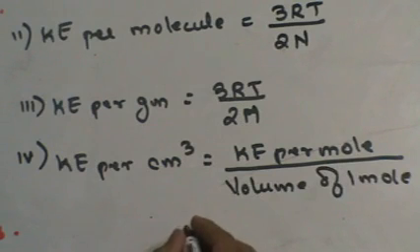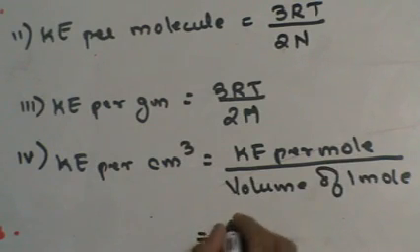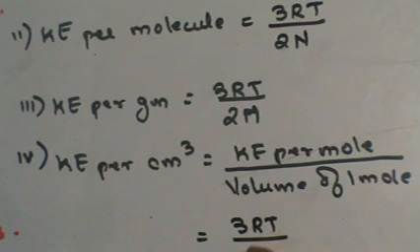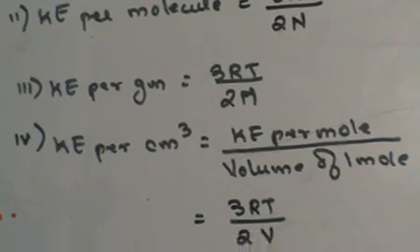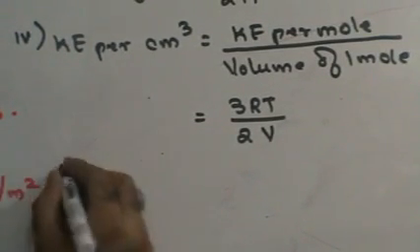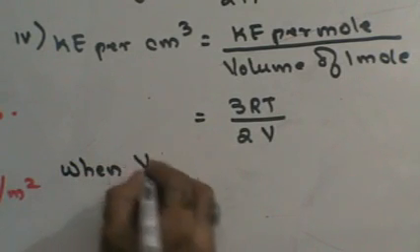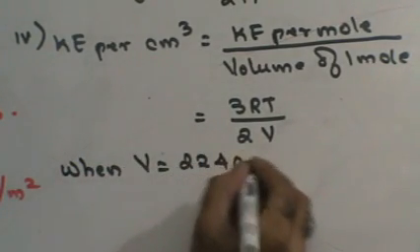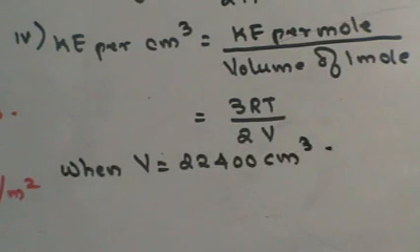So this is going to be 3RT divided by 2V. Now the volume of 1 mole of gas is 22,400 centimeter cube. 1 mole of any gas occupies 22,400 centimeter cube. So you will have the volume V as 22,400. You should be able to get the answer.